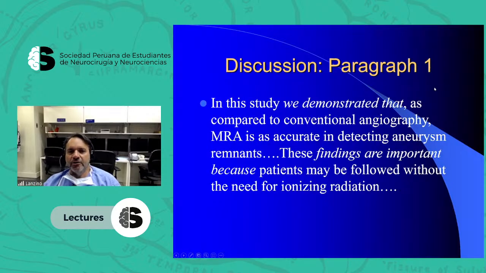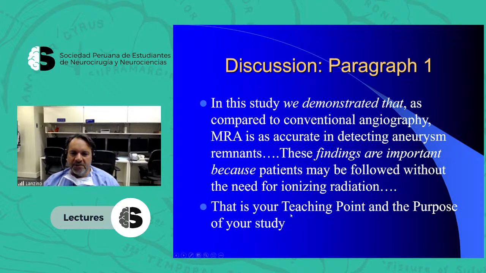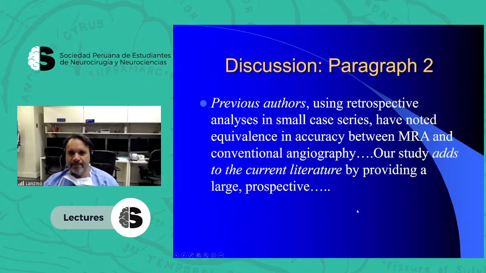Well, paragraph 1 could be: in this study, we demonstrated that as compared to conventional angiography, MRA is as accurate in detecting aneurysm remnants. These findings are important because patients might be followed without the need for ionizing radiation or the small periprocedural risk associated with invasive catheter angiography. So this is basically your teaching point and the purpose of your study.